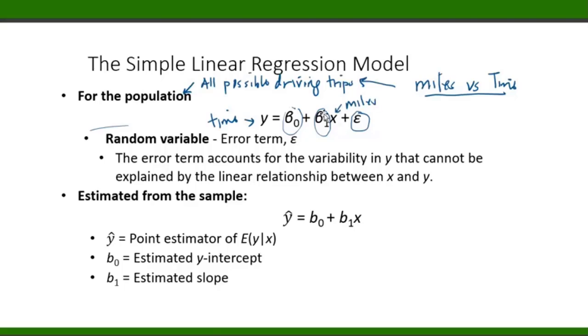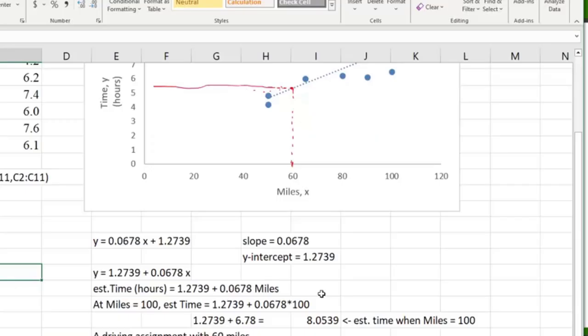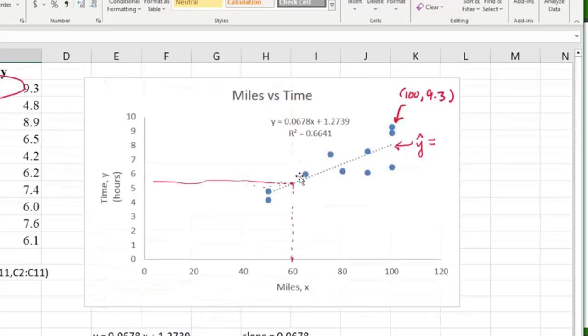So this is not a perfect model because there's always some variation. For instance, if x is equal to 100, your prediction is here, but the actual values are different. Some are over here, some are down here. So there's variability. If you drive 100 miles, can you say exactly how long it'll take?